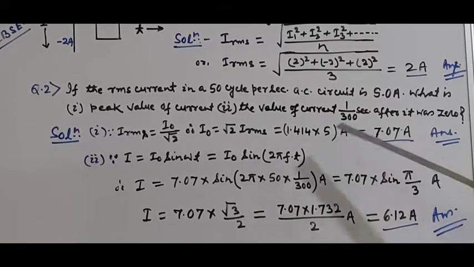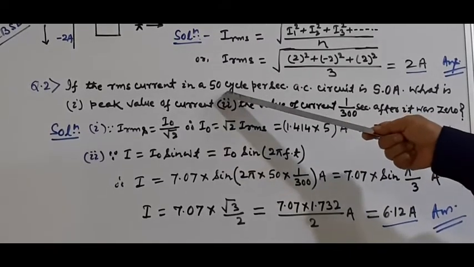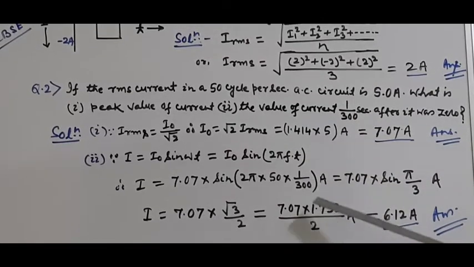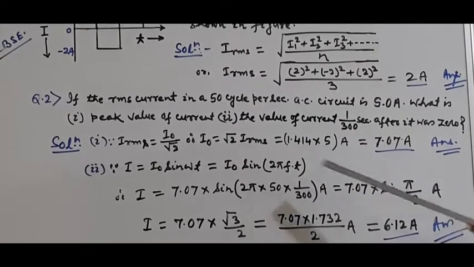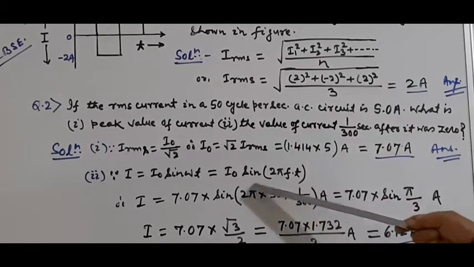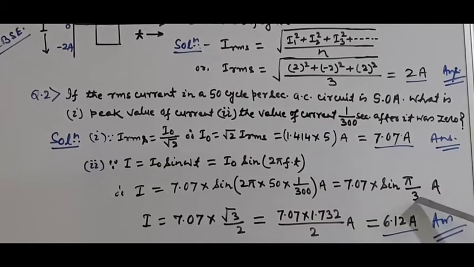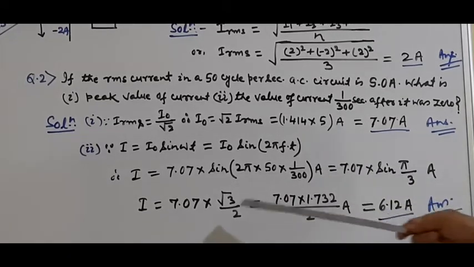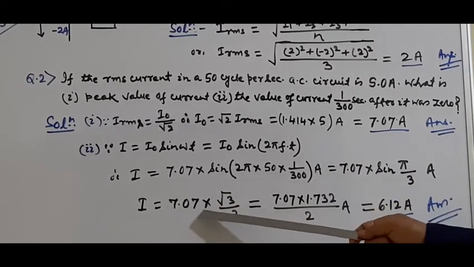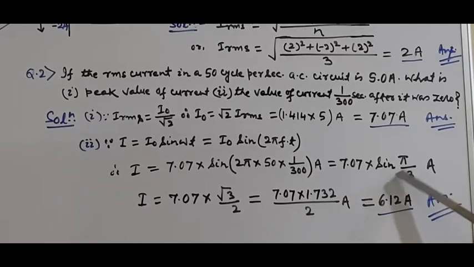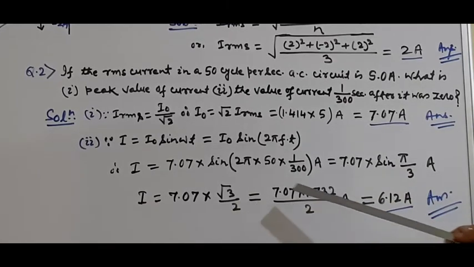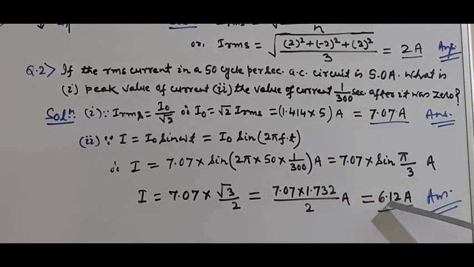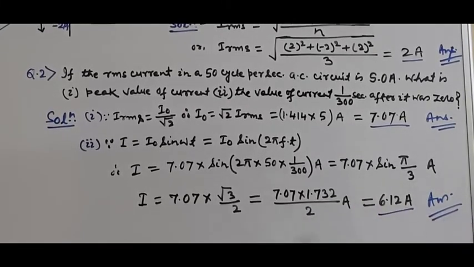It is given, the frequency is 50 cycles over here. So put 50, and the time is given as 1 by 300 seconds. Solve it: 7.07 sine, and this bracket becomes pi by 3. Pi by 3 means 60 degrees. So put the value 7.07, and here sine pi by 3 is root 3 by 2. After solving this, we will get the current I equal to 6.12 ampere.